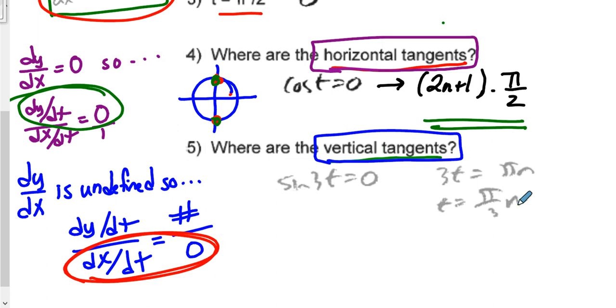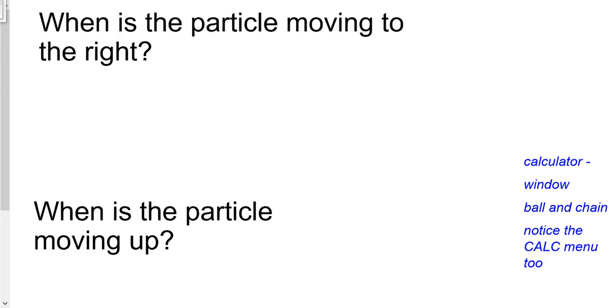All right. The bottom 2 questions reference big ideas, okay? When is the particle moving to the right? My horizontal motion is measured by the rate of change in x as time passes.